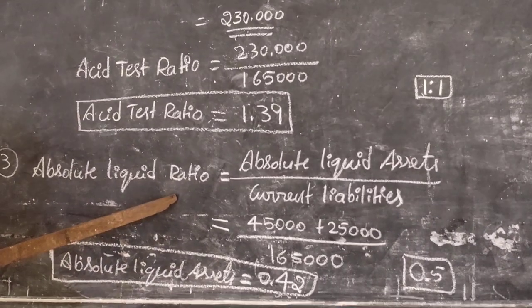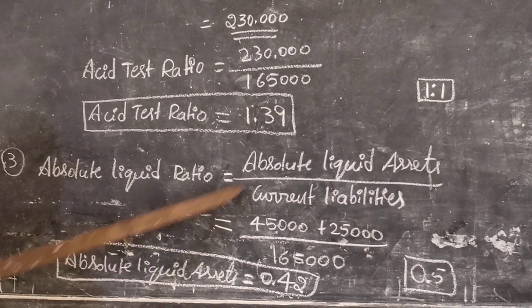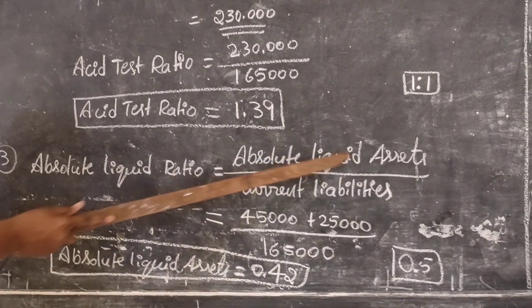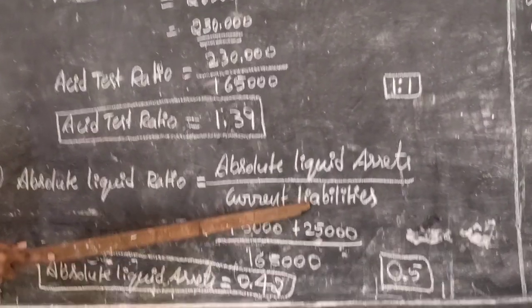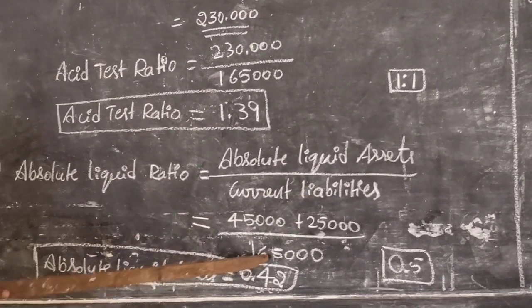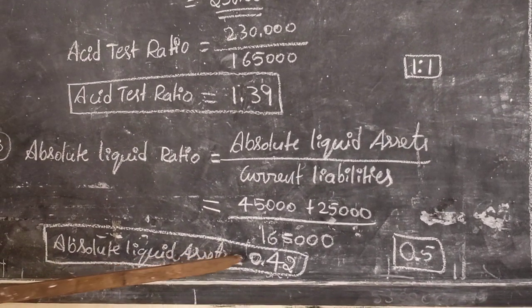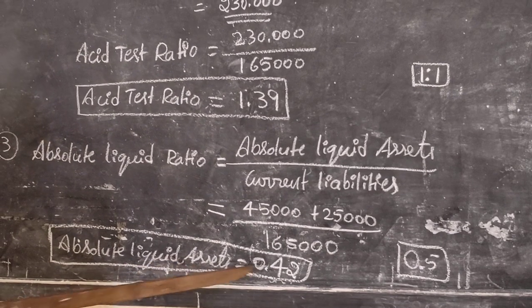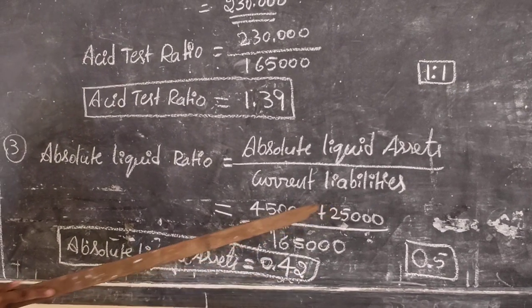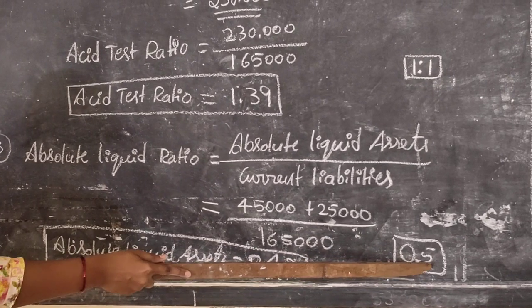In the given problem, bank balance and short term investment, these two are taken as the absolute liquid assets, that is rupees 45,000 and 25,000. Current liabilities we already calculated, that is 1,65,000. From this, finally, absolute liquid ratio is 0.42 is to 1. The standard ratio for this is 0.5.